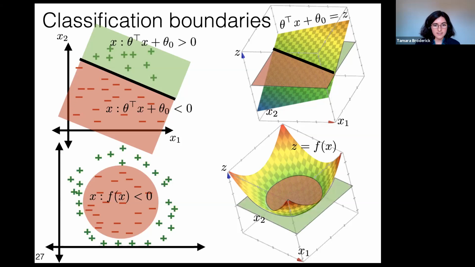And then if we look on the rest of this plane, where the function is greater than 0, that's where we're going to predict +1 for that area. So if we had the ability to use very general functions instead of just hyperplanes, we could get some really funky different regions where we do our classification.